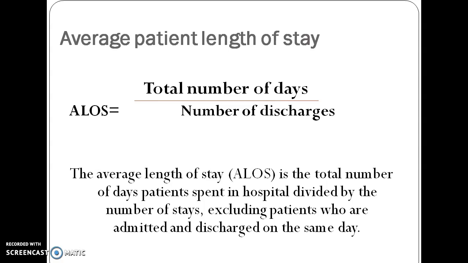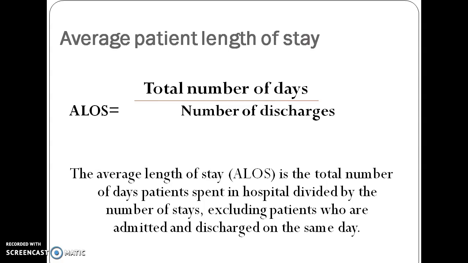These patients are not regarded as inpatients. Or the patient is admitted in the IPD ward in the morning and discharged by evening. In that case as well, we do not consider this in the average length of stay.